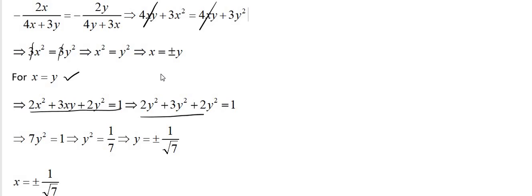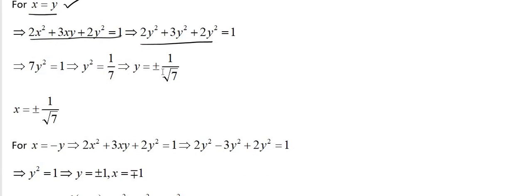Sum these quantities, then I get 7y² = 1. Again y² = 1/7, that means y = ±1/√7. Observe, here I am considering the case x = y. If y = ±1/√7, then x is automatically ±1/√7.